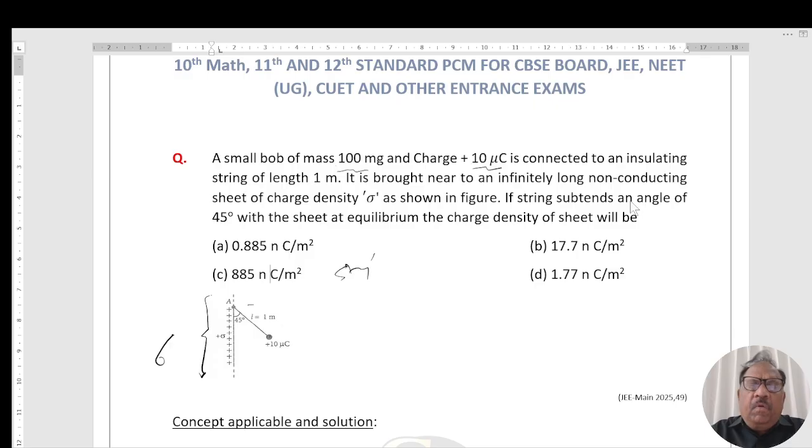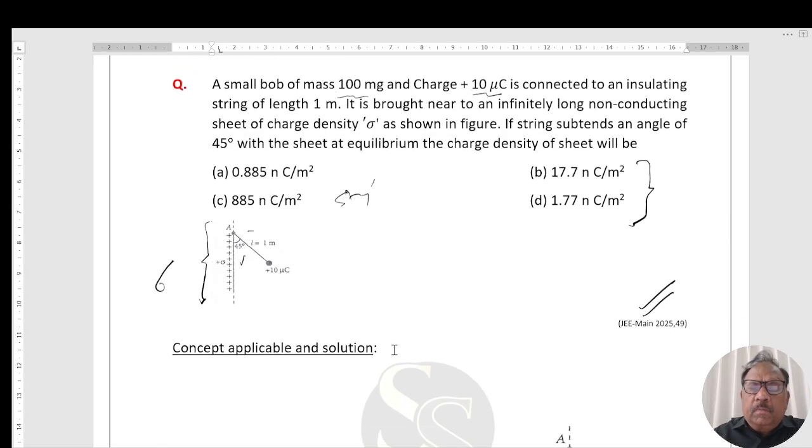If the string makes angle 45 degree with the sheet at equilibrium, the charge density of the sheet will be. We have to pick up one of the correct options out of 4. Question is taken from JEE Main 2025 PYQ.